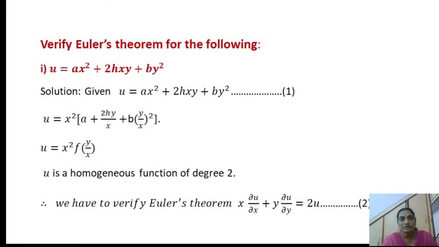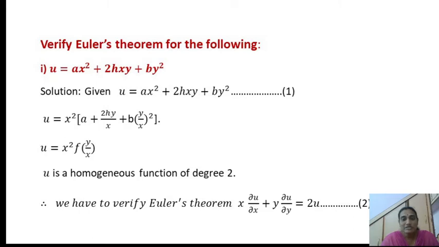Now let us solve some examples on this Euler's theorem. First one: if u is equal to ax square plus 2hxy plus by square, for this problem we have to verify Euler's theorem. Solution: u is equal to ax square plus 2hxy plus by square. Call this equation number 1.